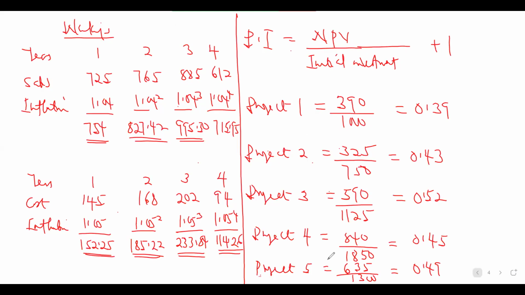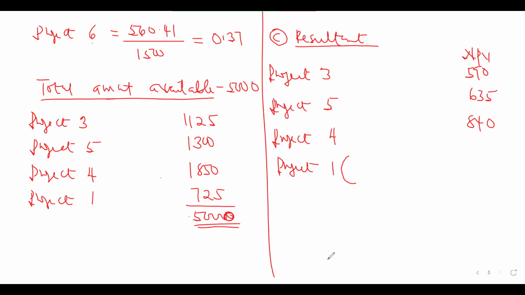So if 1,000 is giving us 390, how much will 725 give to us? It is 725 divided by 1,000 multiplied by 390, which is $282.75. You put all of them together, and that will give you the resultant NPV.